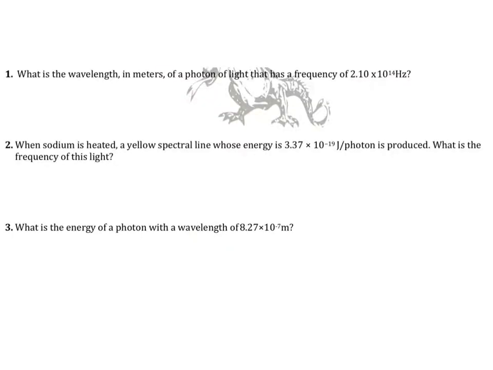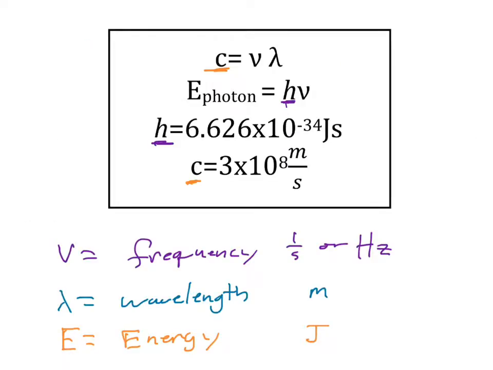So let's go ahead and do a practice problem here. It's asking for the wavelength, in meters, of a photon of light that has a given frequency. So it's asking for wavelength, and it's giving us frequency. Let's take a look at these two equations here. Which equation has both wavelength and frequency?